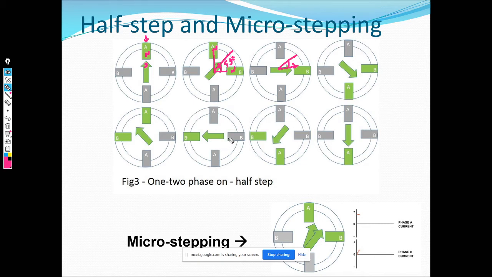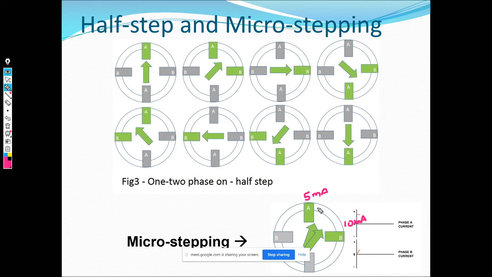There is also something called micro stepping. Remember I had mentioned to you that the unipolar motor works based on your current supplied. Now you can actually alter the current. Let us say you're giving a current of say 5 milliamps here, and then you give a current of 10 milliamps here.